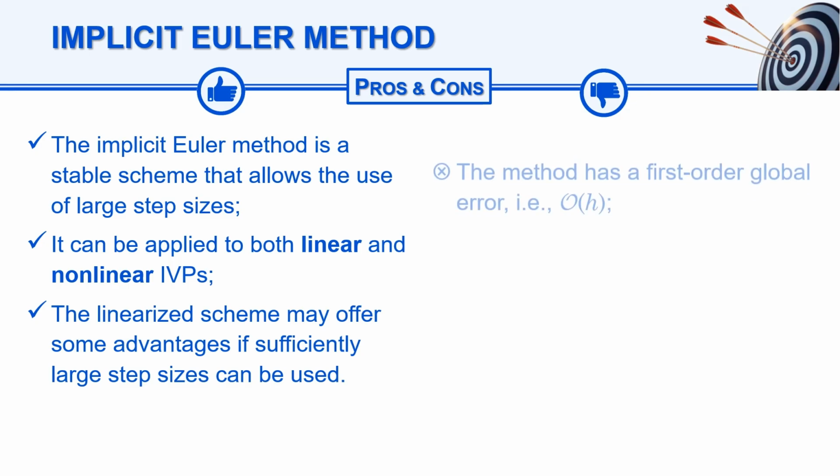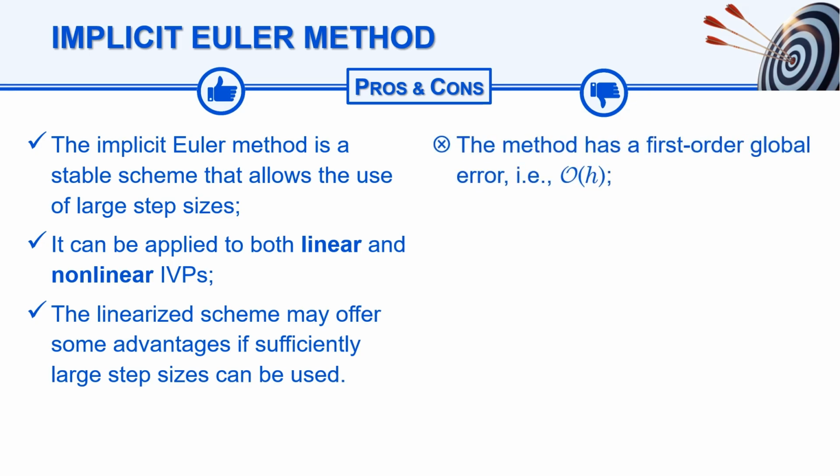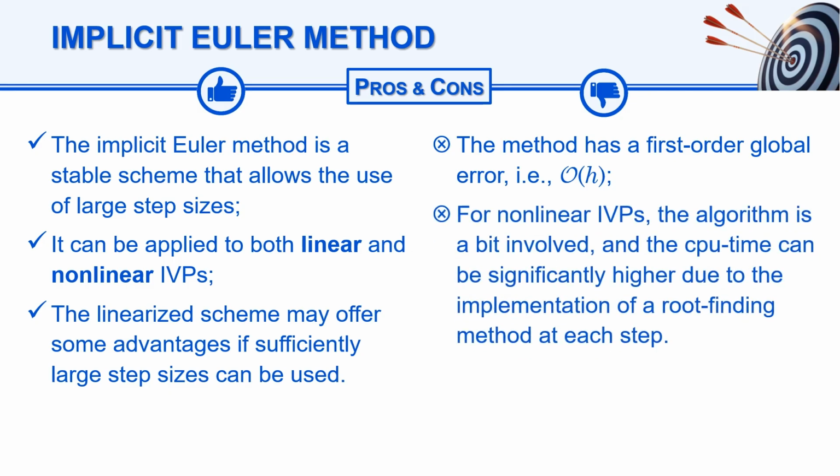The disadvantages of the method are: the method has a first-order global error. For nonlinear initial value problems, the algorithm is a bit involved, and the CPU time can be significantly higher due to the implementation of a root-finding method at each step.